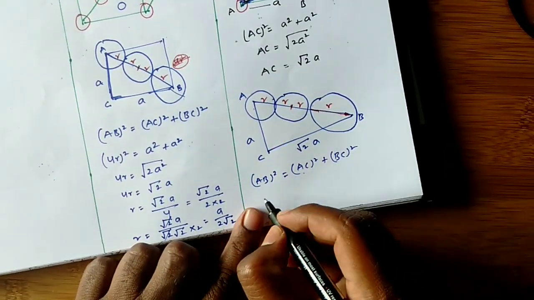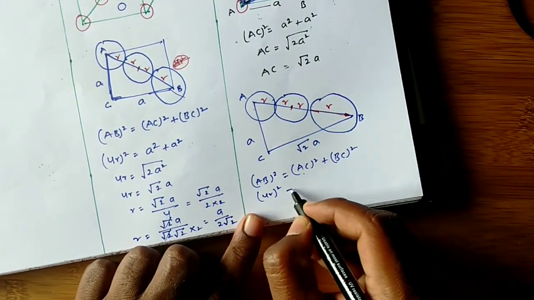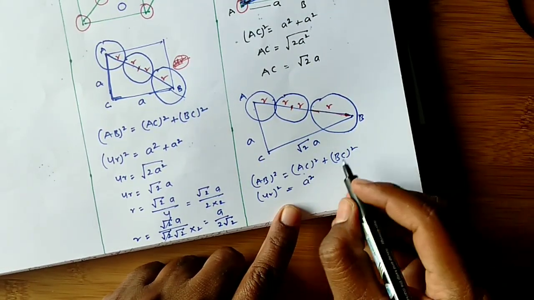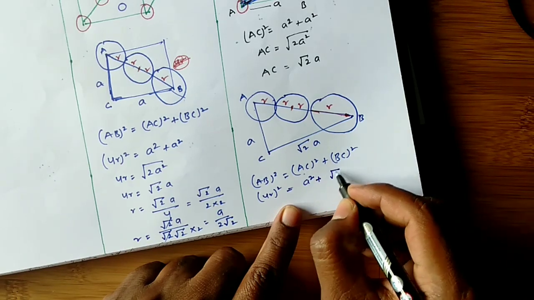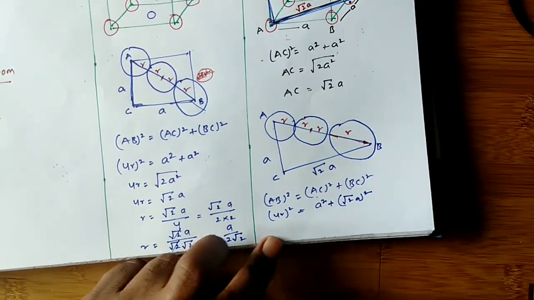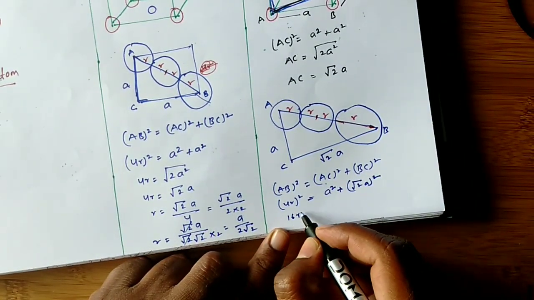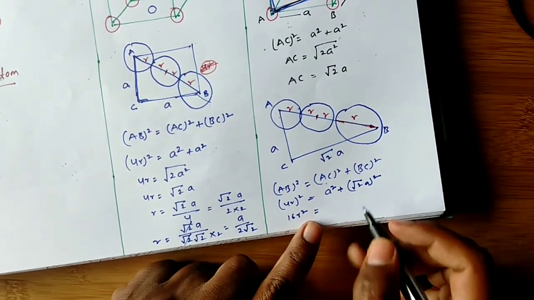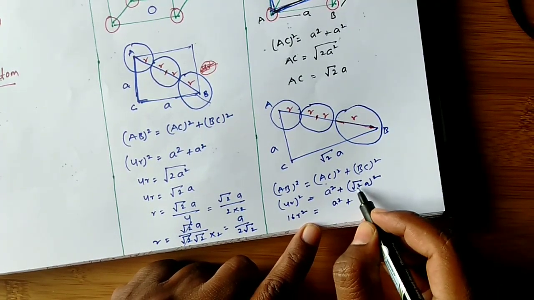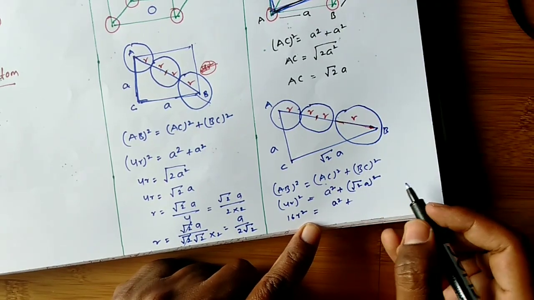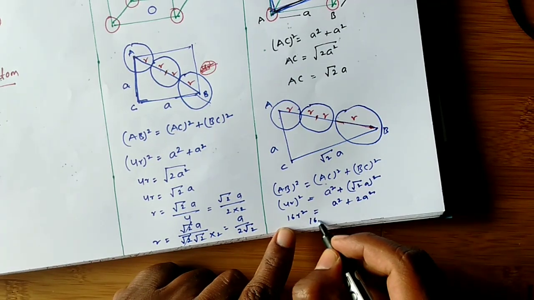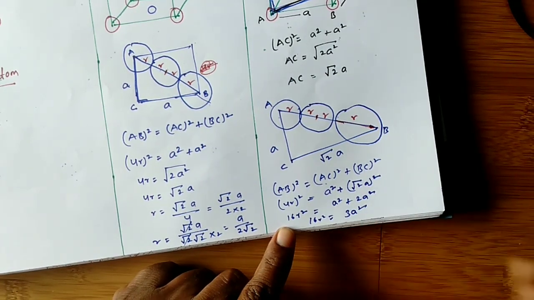So ab, what here, 4r square equal to, ac, what is ac here, a square plus root 2 a square. Now 16r square is equal to a square plus root 2 square is 2, so 2a square, total 3a square. 16r square equal to 3a square.